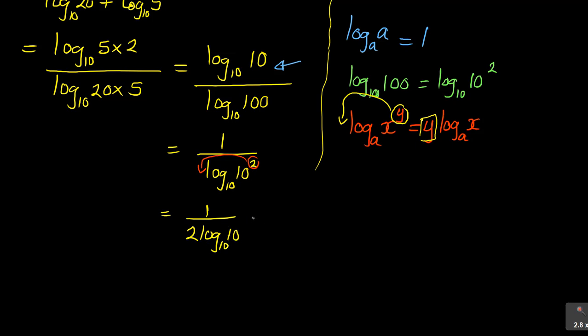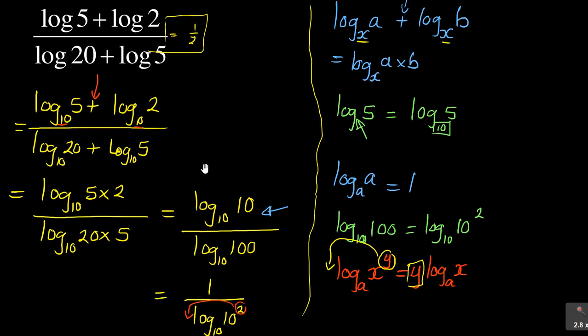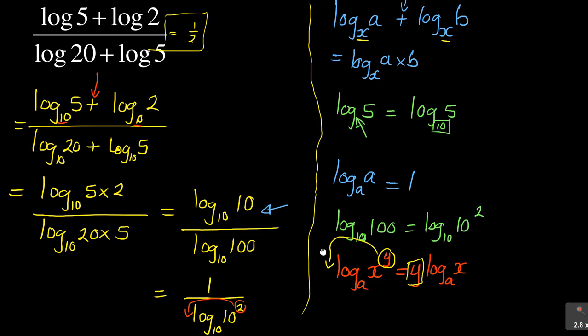So now remember again, we are back to saying log base 10 of 10 is 1, which is 1 over 2 times 1, which is 1 over 2. And if you still remember, we did prove that our answer was 1 over 2, which is correct.